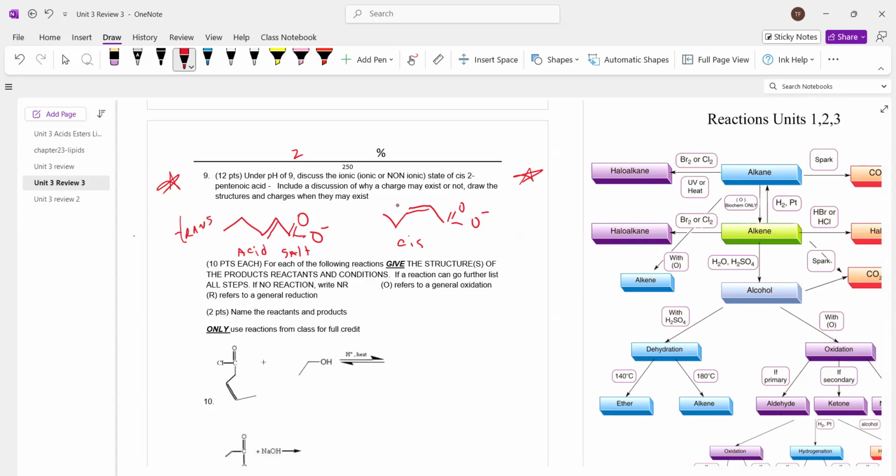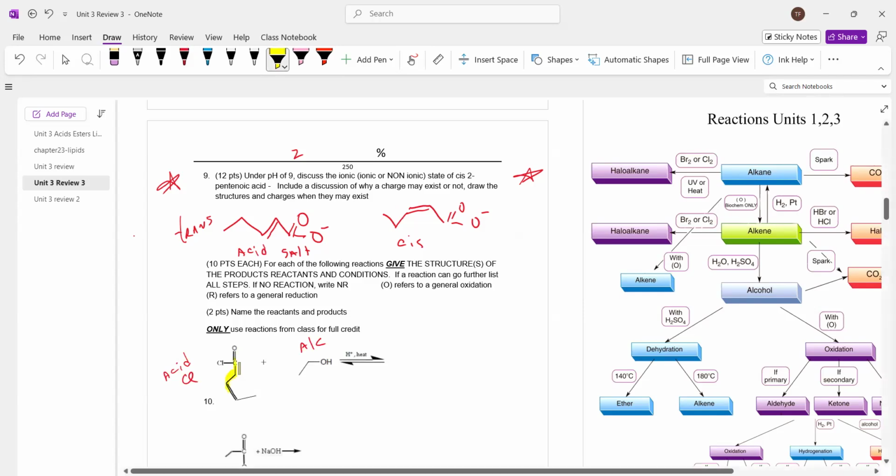Okay, more reactions. So we've got an acid chloride and an alcohol. And now we are going to make an ester. So we have primary, secondary backbones. So this is a 1, 2, 3, 4, 5. So that's going to be just like this here.